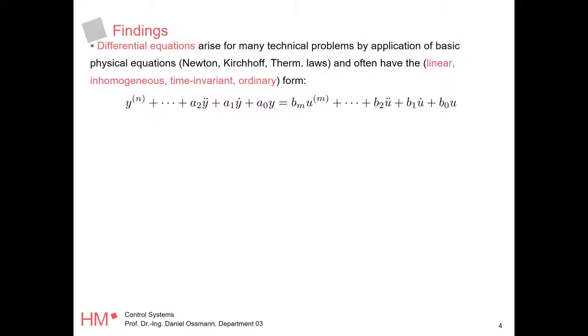So let's talk about it. I know you're probably saying now, what is he actually talking about, linear, inhomogeneous, time invariant, ordinary equations? What does this actually mean? At this point, I hope you saw that all three equations we tackled so far had kind of this form here, right?